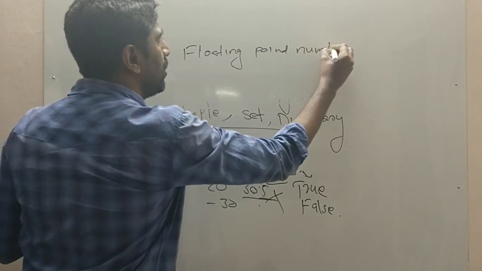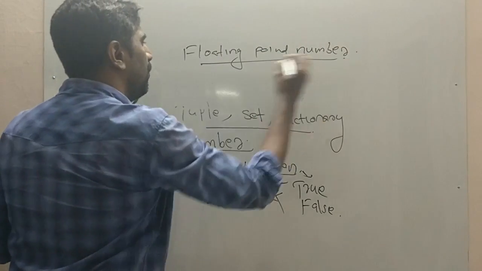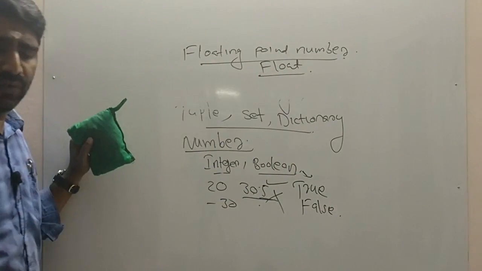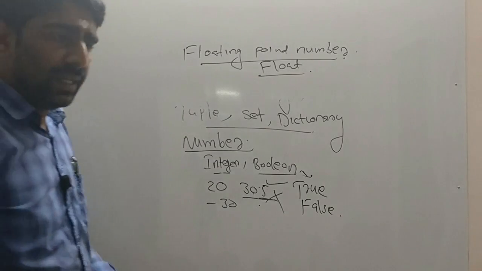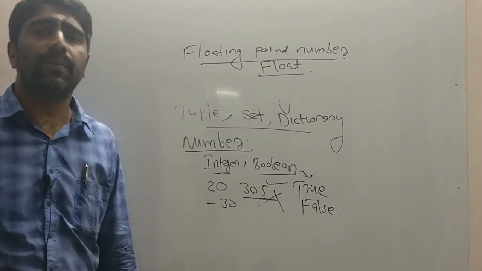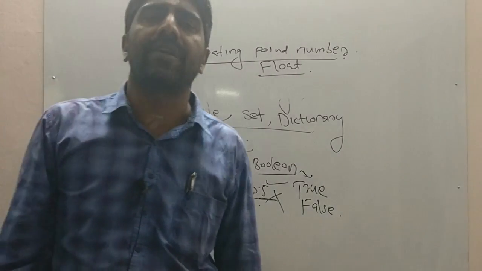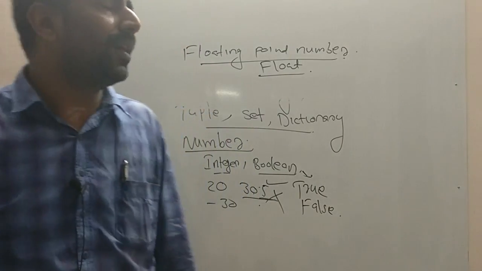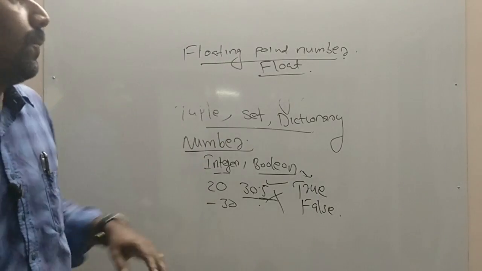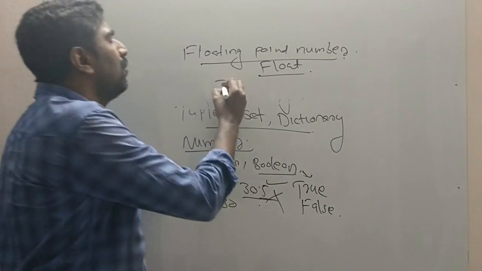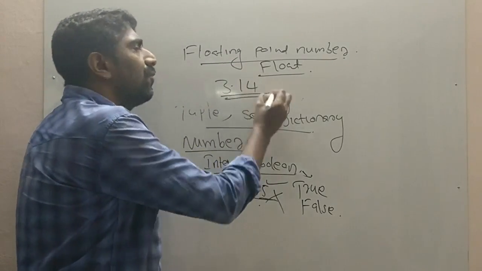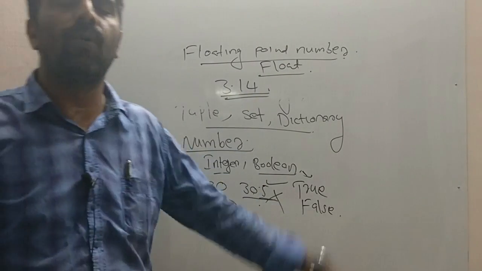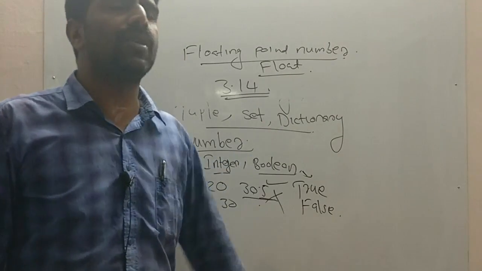The short form is float data type, float. Floating point data type means a number having a fractional part. A number having a fractional part is called a floating point value. For example, 3.14 is a number having a fractional part. So these kinds of numbers are called floating point numbers.